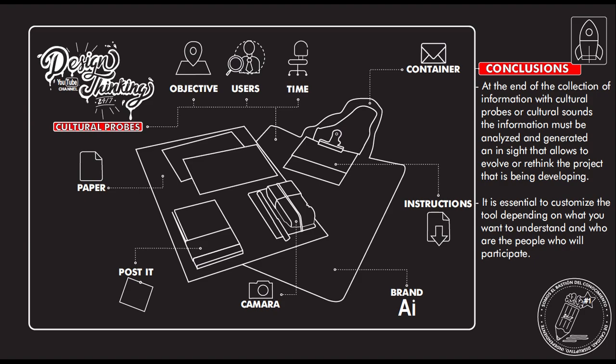As a conclusion, we can say that at the end of the collection of the information with cultural probes, the information must be analyzed to generate insight that allows us to evolve or rethink a project that is being developed. That is extremely important.